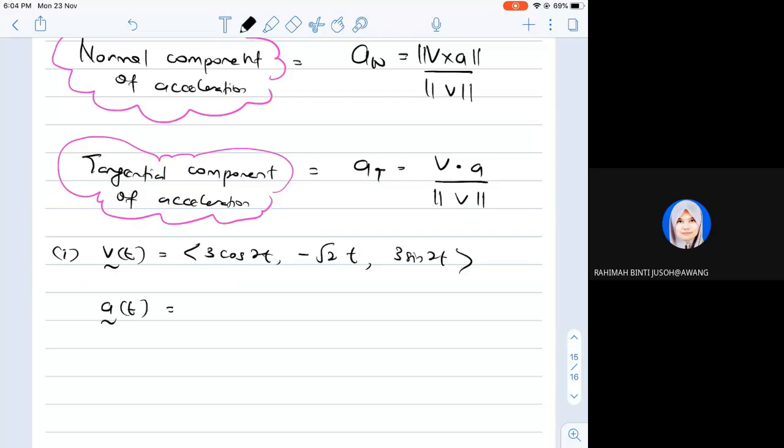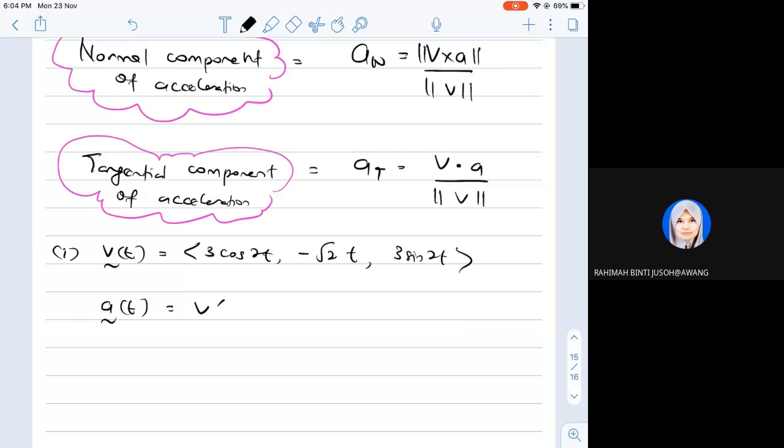Okay, find the acceleration. We have to differentiate V, right? Differentiating 3 cos 2t, we bring down the 2, so we get 6, negative 6 sin 2t.